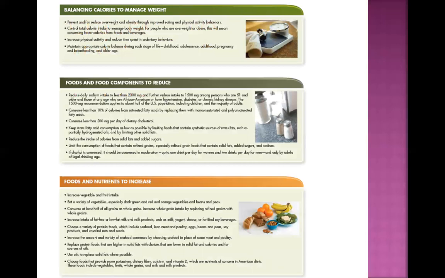These are some components of the dietary guidelines that you can read over on your own. Balancing calories is important. Foods and food components to reduce are important, as well as foods to increase. Obviously, we want to increase our fruits and veggies, our whole grains, reduce our salt, our saturated fat, and our cholesterol.